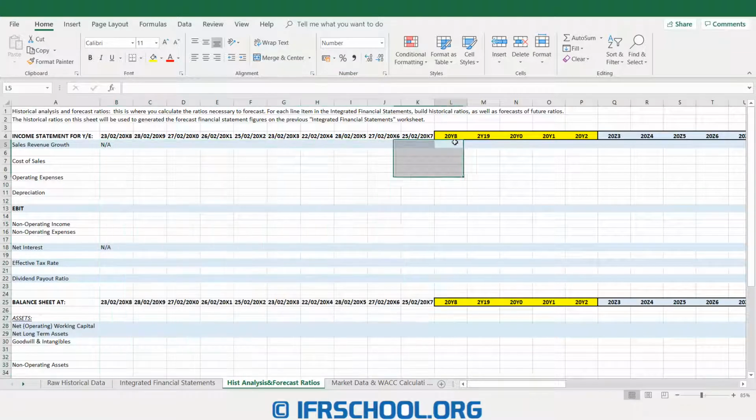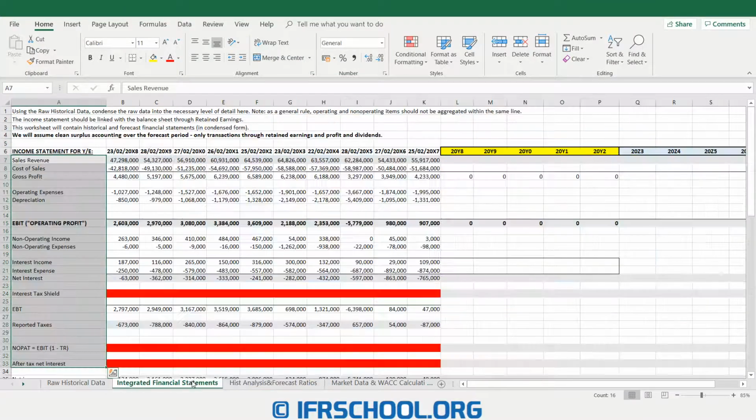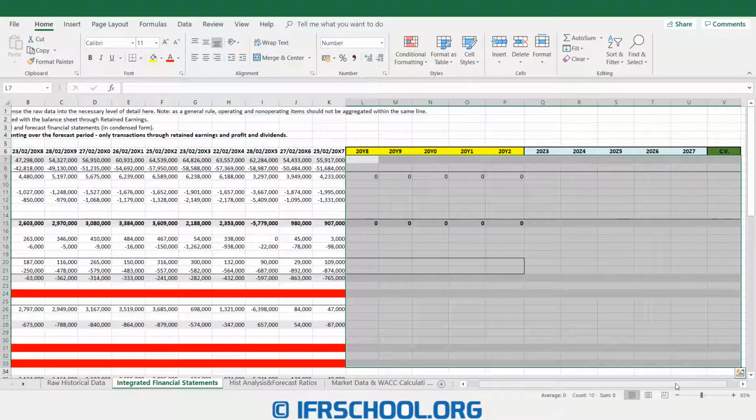We then estimate the forecast ratios over the future period based on our expectations of the future behavior or pattern of the factor that drives each line item. Finally, we apply the forecast ratios to the driver to arrive at the values in the integrated financial statements.